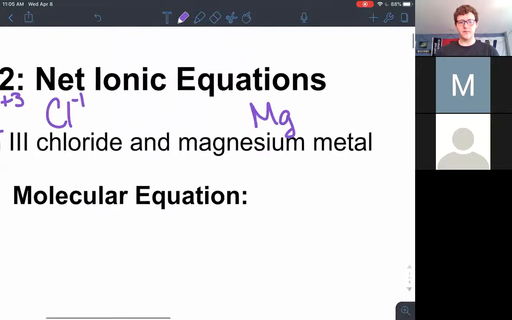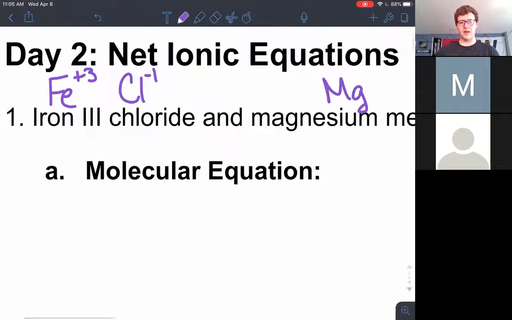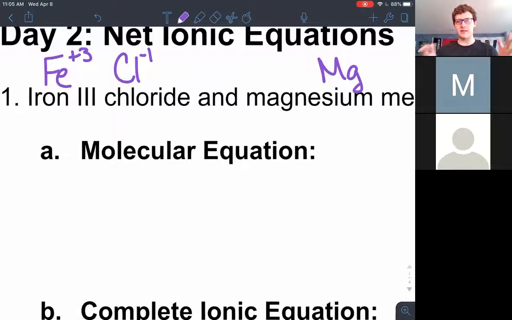Okay, so now we need to come up with our molecular equation, which is just our balanced equation that we've been doing since last semester. So our 2 compounds, or element and compound, you tell me what the compound is going to be? FeCl3. Perfect.